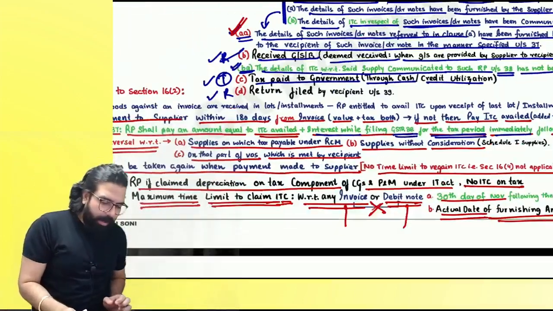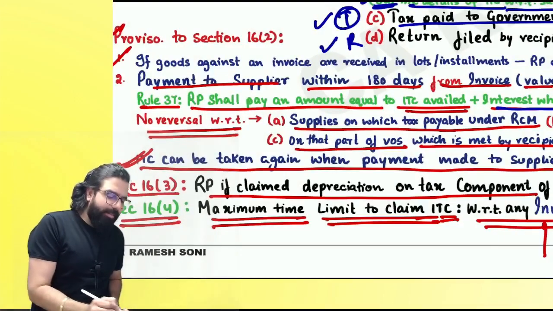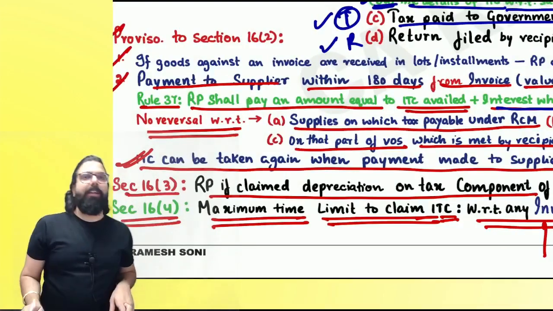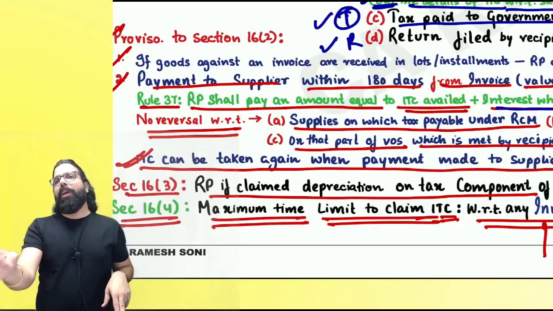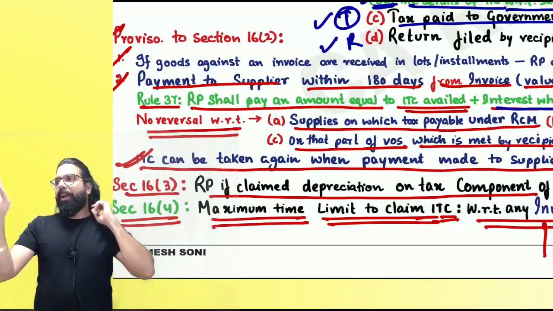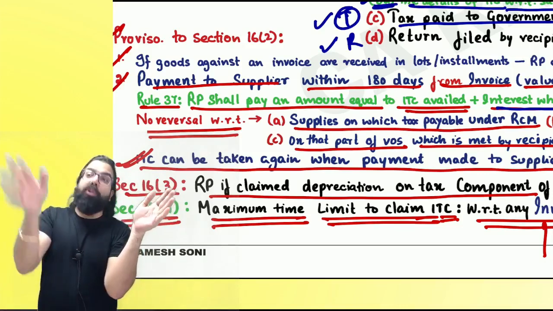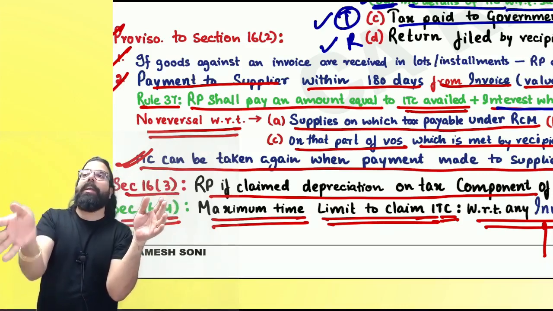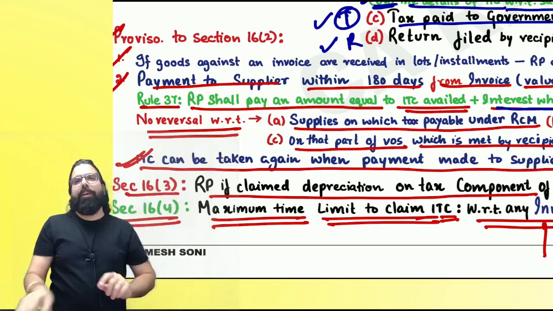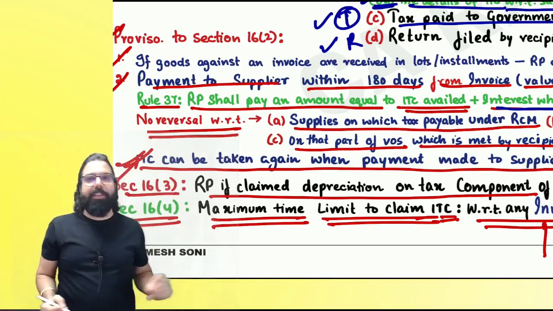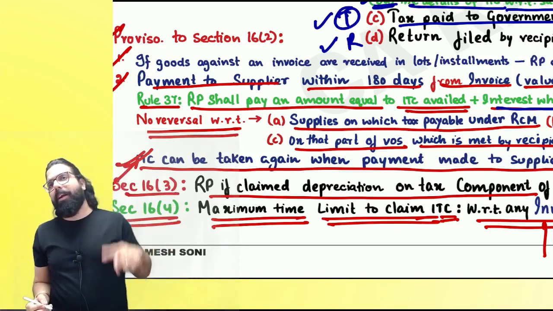Are we clear, everyone? And then if goods are received in lots, ITC on the receipt of the last lot. If you don't make the payment within 180 days, then whatever credit you had taken has to be reversed. But if you utilized it, then interest also from the date of utilization till the date of reversal. And then we have section number 16(3): if ITC is taken, depreciation can't be taken.